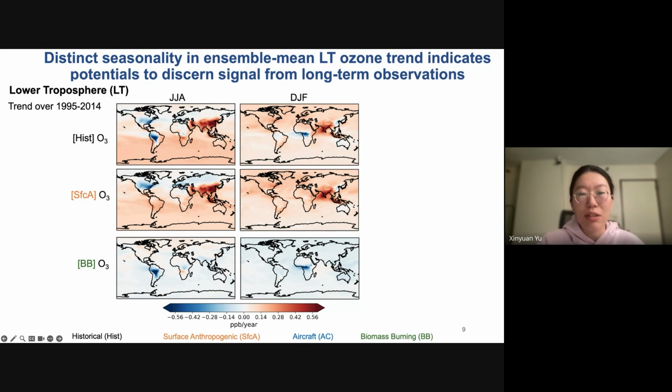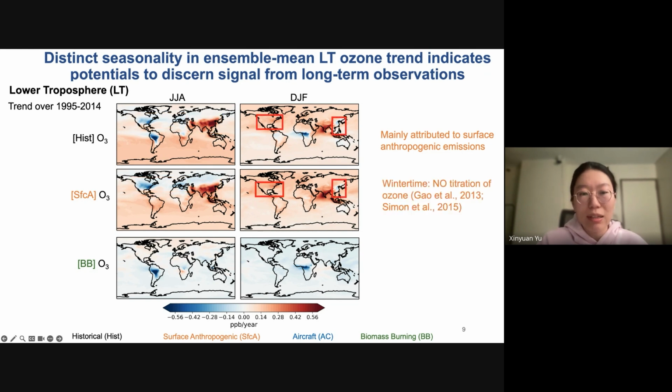And I show here the contributions of different forcings to seasonal lower tropospheric ozone trends over 1995 to 2014 in June, July, August versus December, January, February. So clearly, except for South America and Central Africa, where the lower tropospheric ozone trends are governed by biomass burning, surface anthropogenic emissions basically play a dominant role in determining the overall spatial patterns of historical ensemble mean ozone trends in both seasons, leading to an increase over East Asia and a decrease over the US and Europe in boreal summer, which follows the pattern of the precursor emissions quite well.